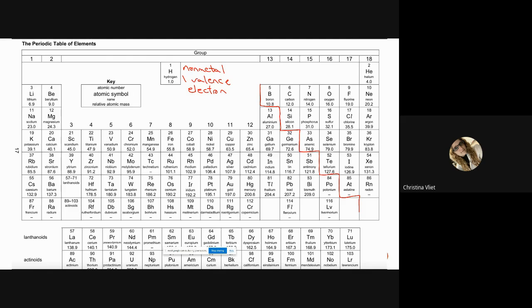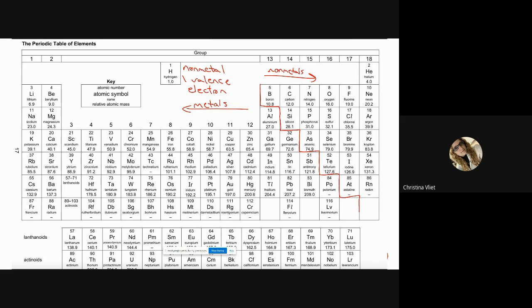Metals on one side, and the other direction is non-metals. Write that for yourself. We do very little discussion of metalloids in this class. We kind of pretend they don't exist. Metals, non-metals.